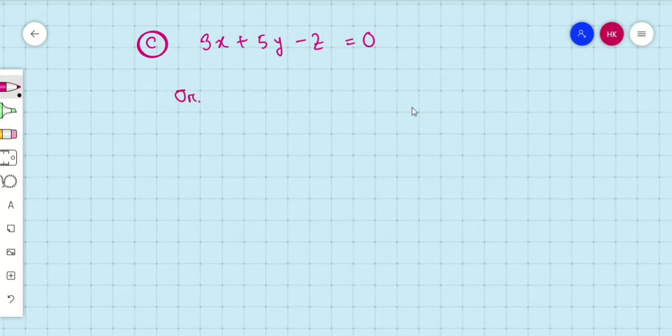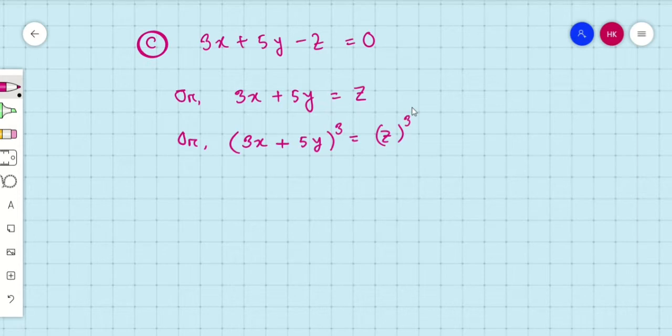We can write 3x plus 5y is equal to z. We just take this z on the opposite side by changing the sign, and then we take cube on both sides, because in the answer we have to prove some cubes.